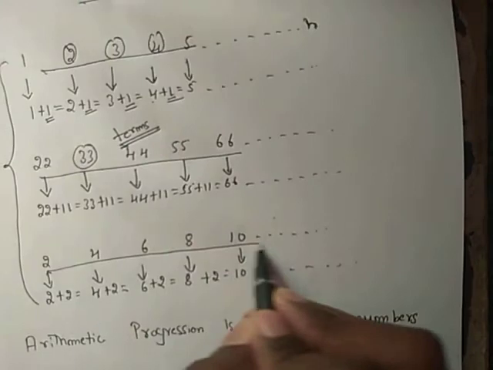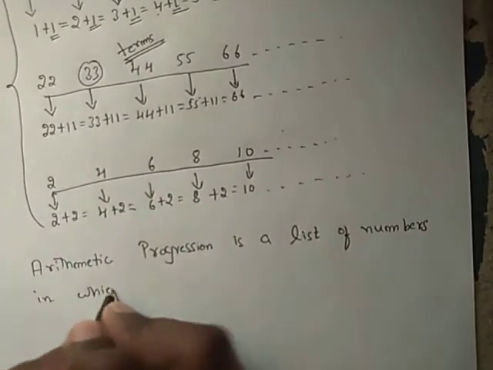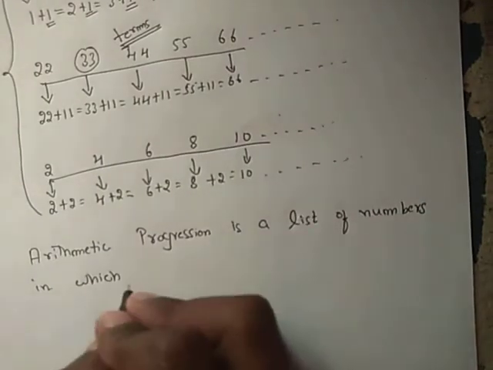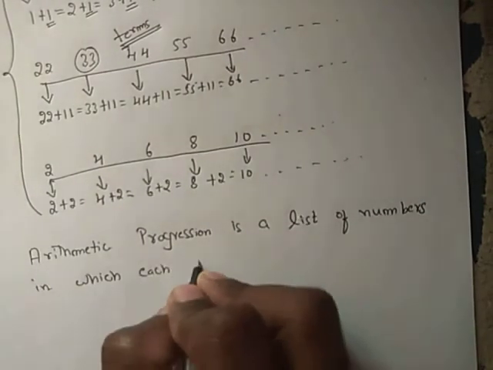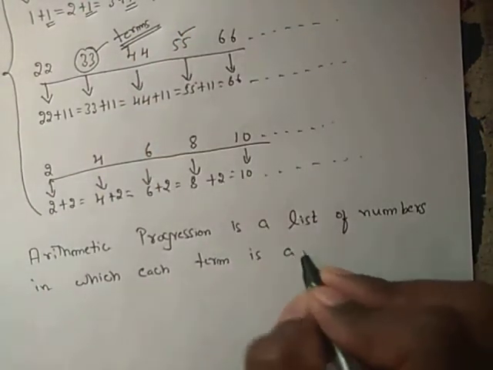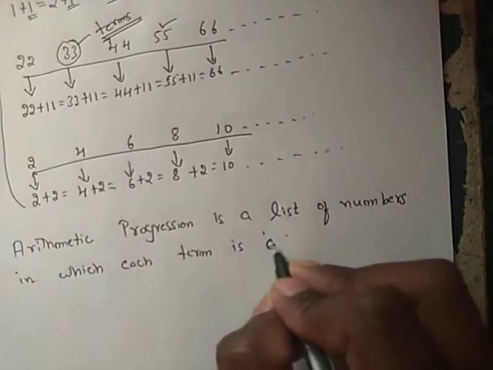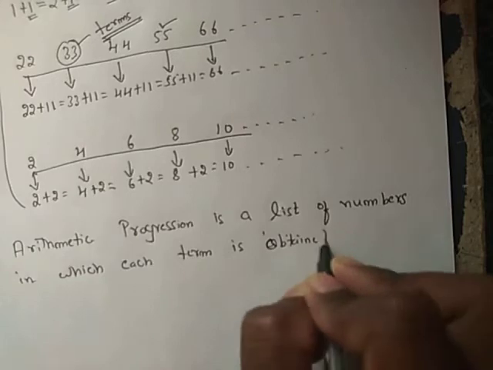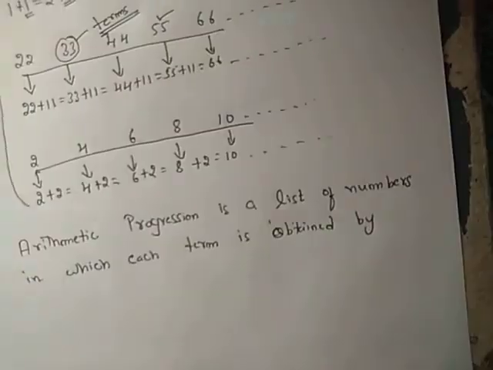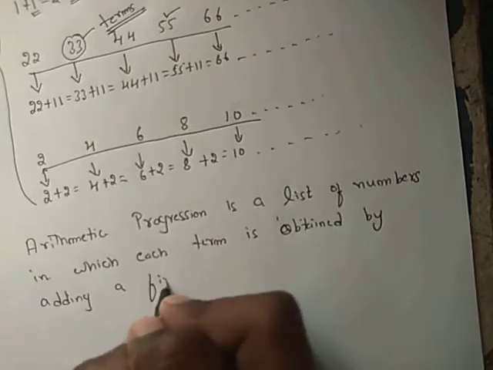The arithmetic progression is a list of numbers in which each term, these are the terms, each term is obtained by adding a fixed number.